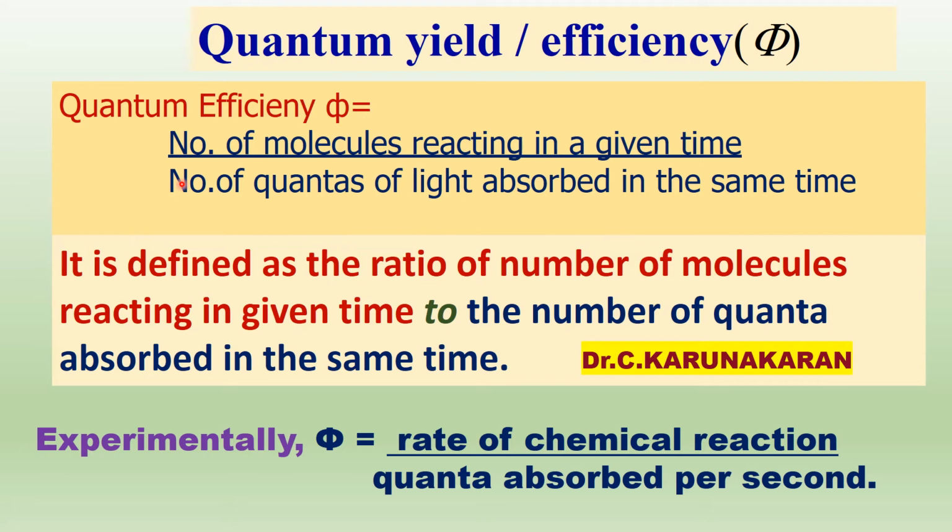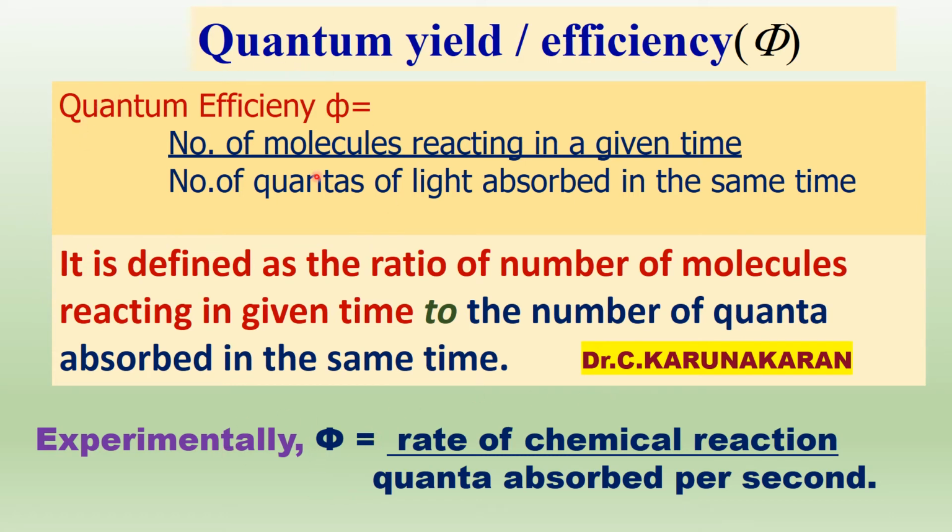For example, 1 photon of light absorbed, 1 molecule reacted, then phi equals 1. Suppose 1 photon of light absorbed and 100 molecules reacted, then phi equals 100. Therefore, it is defined as the ratio of the number of molecules reacting in a given time to the number of photons of light absorbed in the same time.